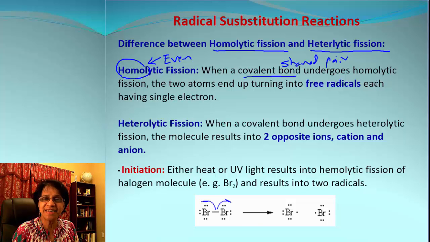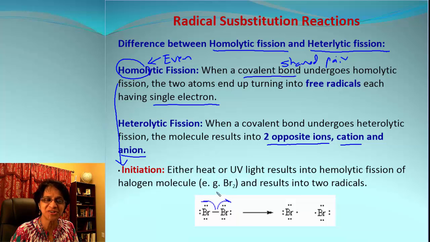So what happens? Each element ends up getting a single electron if it is homolytic fission. And if it is heterolytic fission, then one of the elements gets both the electrons and the other element has no electrons. So that results in two opposite ions, cation and anion. In radical reactions, we get homolytic fission.